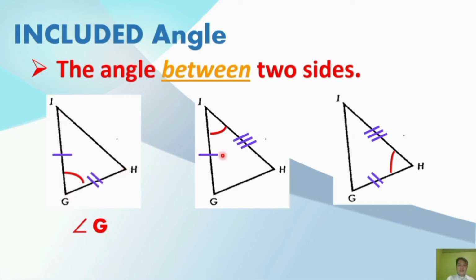Okay, next, we have side IG and side IH. These two sides are marked. Meron siyang tick marks.